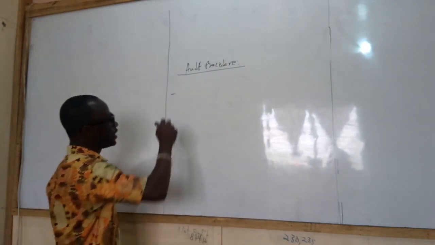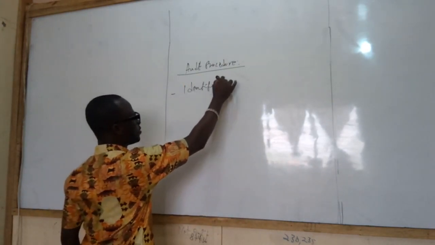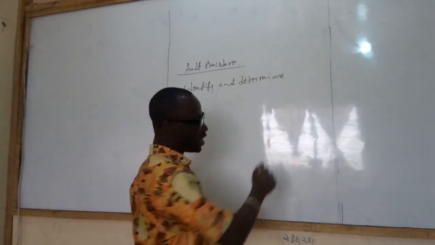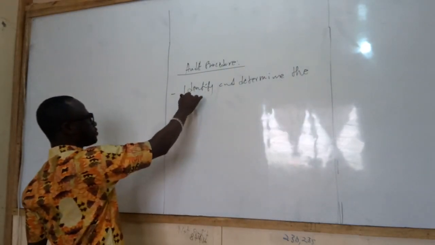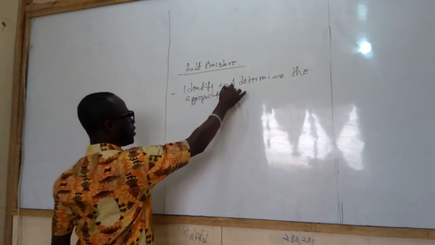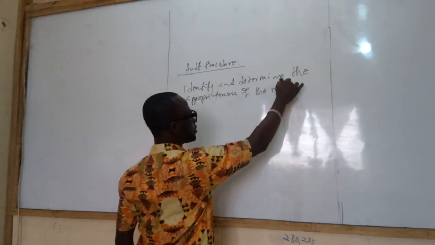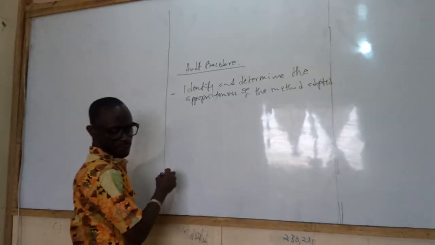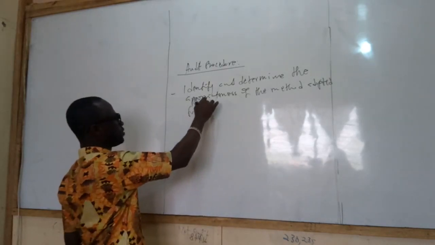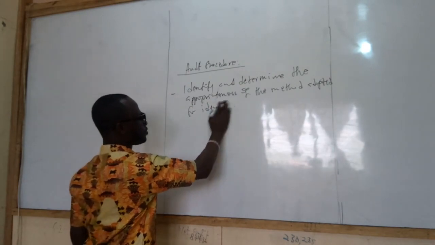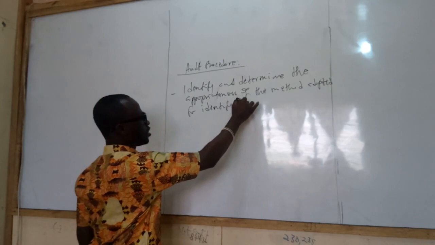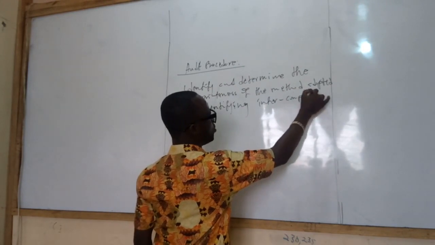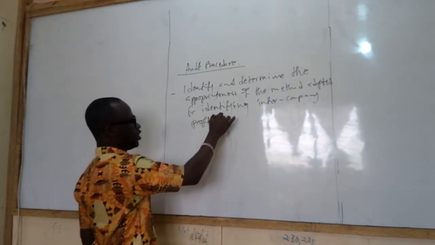Number 1, identify and determine the appropriateness of the method adopted for identifying intercompany profits on inventory.